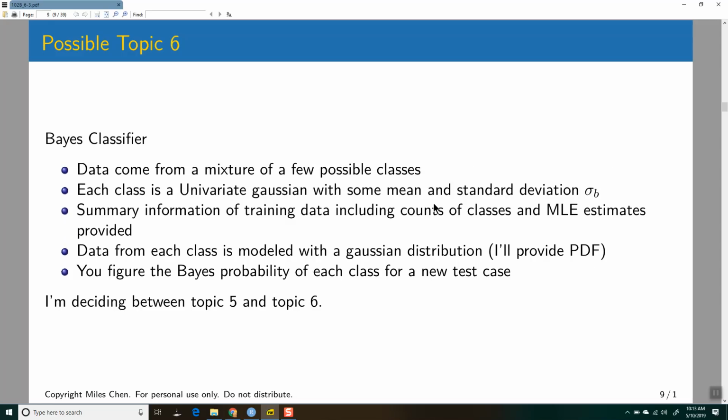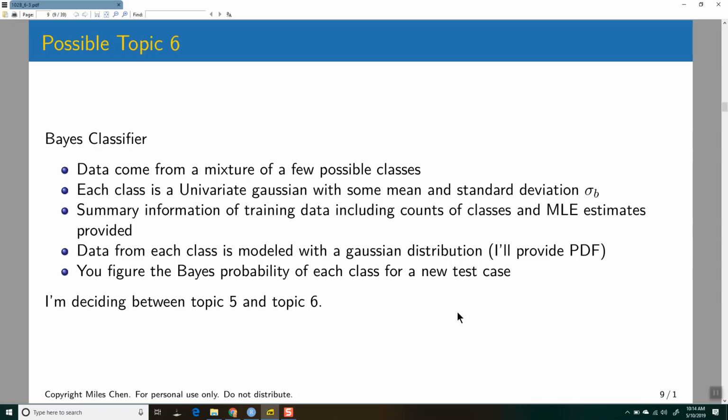Or if it's not the binomial example, then I will have a mixture of Gaussians, okay? And so it'll be like, one class has mean this with this standard deviation, another class has mean this and this standard deviation, maybe another class of mean this and this standard deviation. And then I'll give you a measurement, and I'll say based on this measurement, and also your prior counts of classes, which you'll use as your prior probabilities, you'll figure out your Bayes probability.